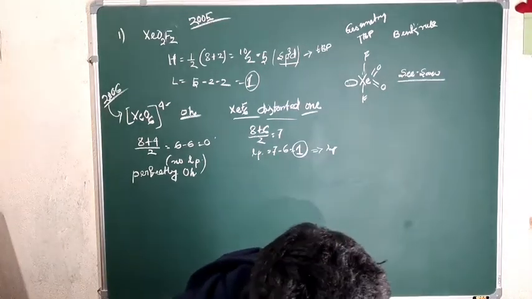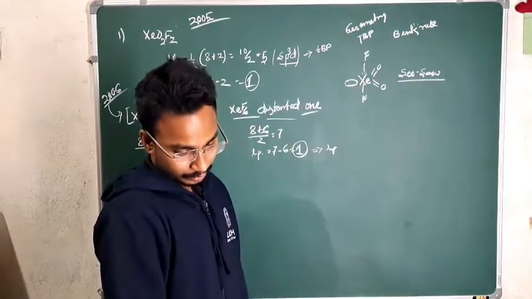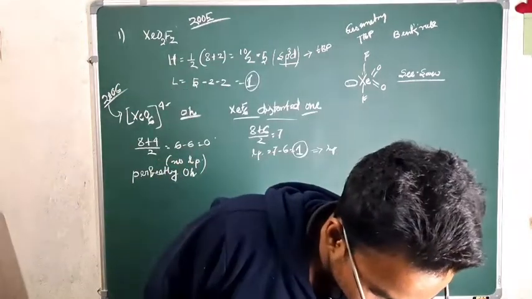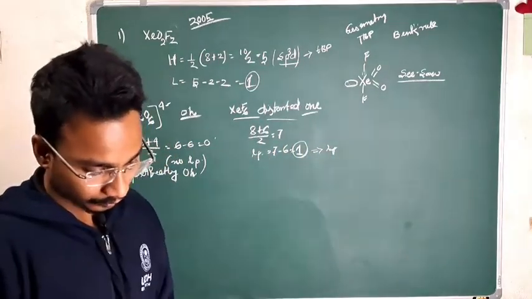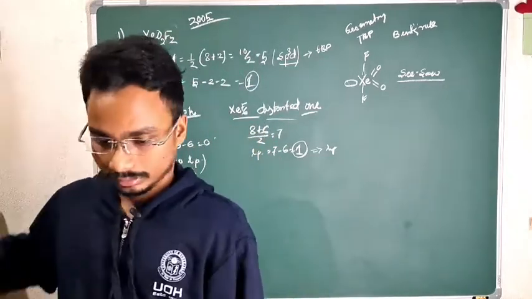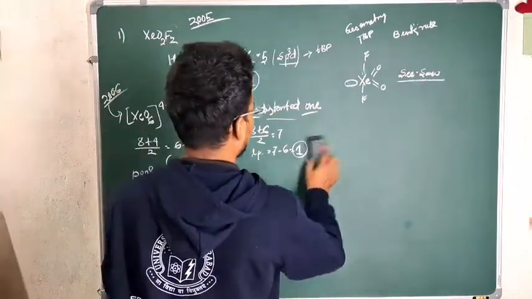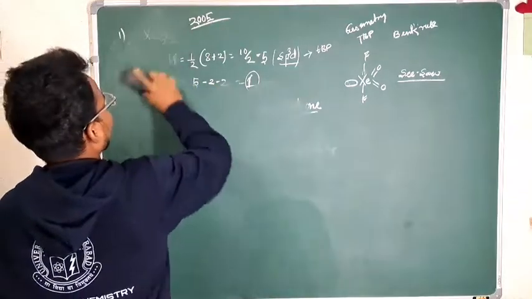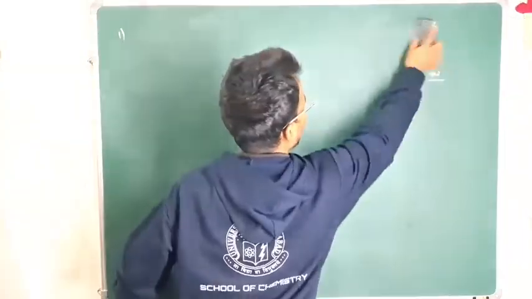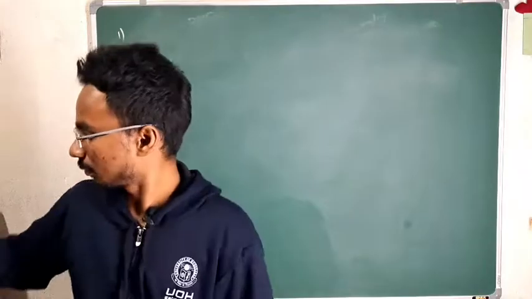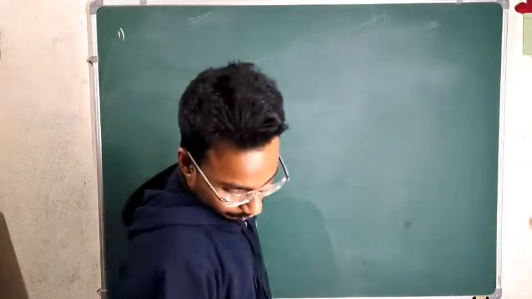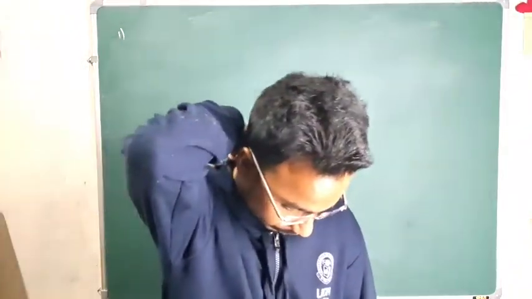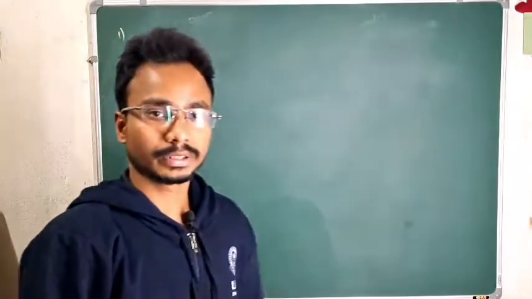You can see it on the screen. We have to determine the compound having the same hybridization of the central atom. Let me remove these things. You can do option elimination here, but we will do this full problem, because if you practice the shape, it will be more achievable for you.